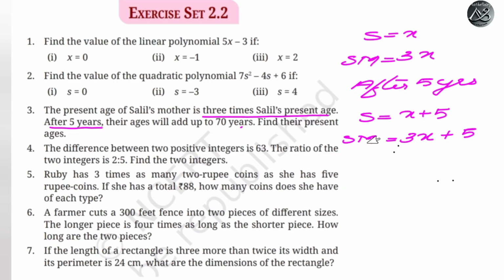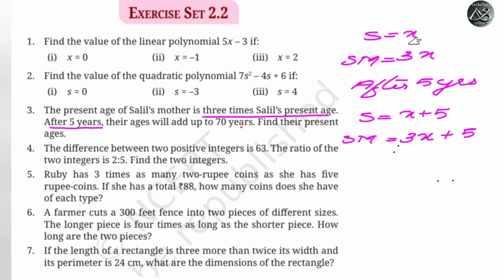For example, if you are 14 years old, after 5 years you will become 19 years old. Now you are 14 years old, 9th standard, 13, 14 ages. After 5 years, you have your age plus 5.